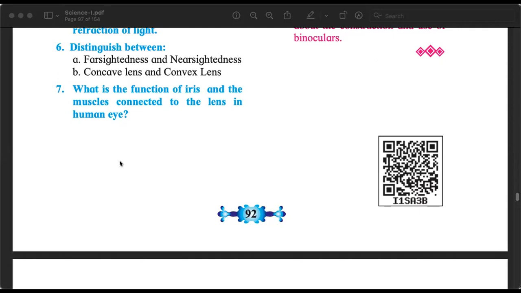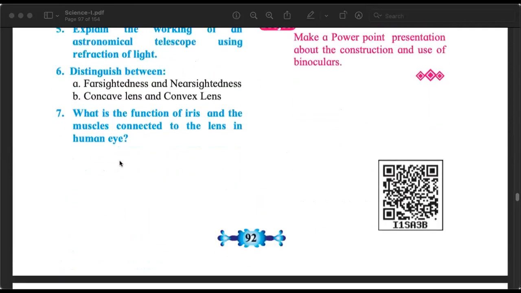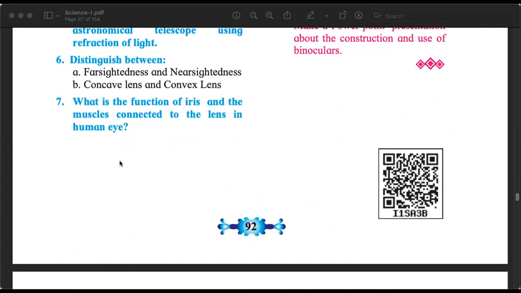दो चीजें पूछी. What is the function of iris and what is the function of the muscles connected to the lens in the human eye? दो अलग अलग questions. Mix मत करो. याद करो. What does iris do? Iris खुलेगा तो क्या होगा?